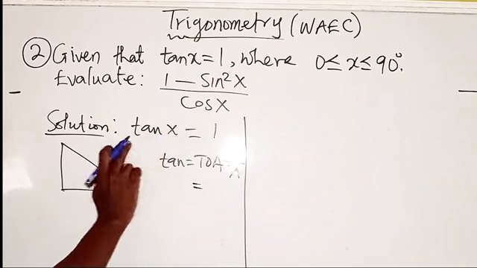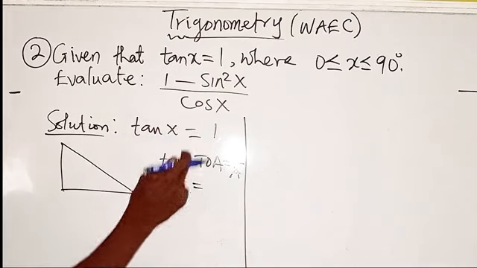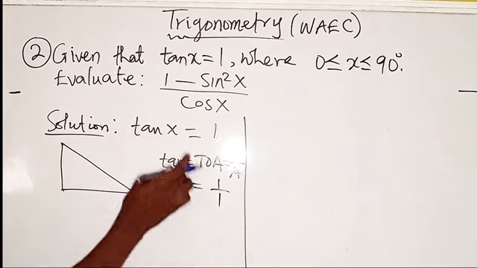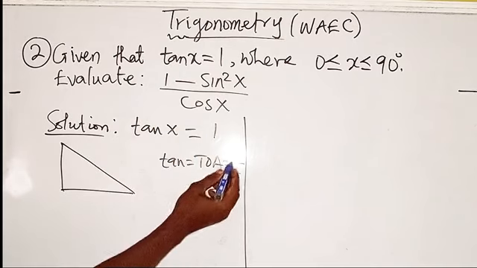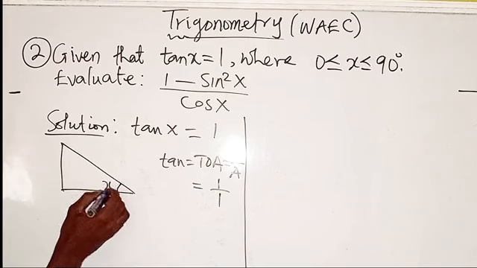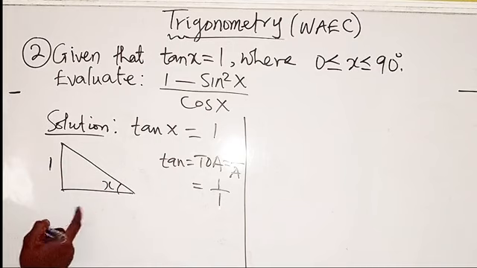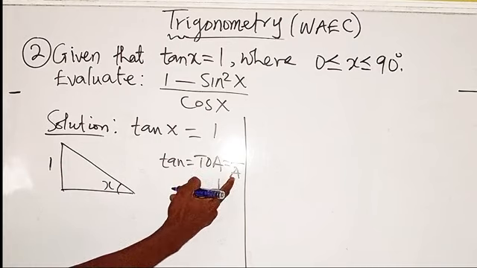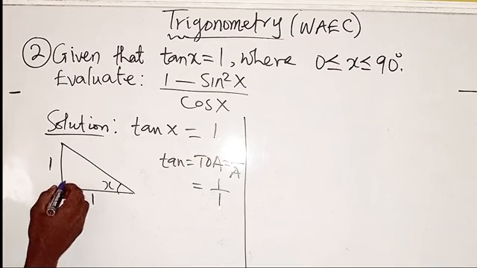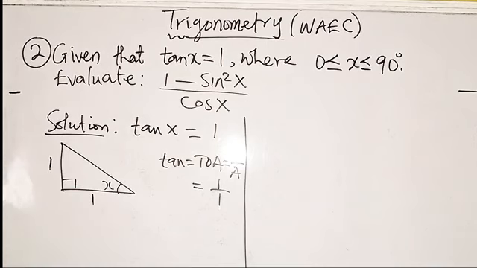Comparing this to what we have, we have 1 here. This one can be written as 1 over 1. So we're still going to have 1. So our opposite, if x is here, the opposite to x will be this place, while the adjacent will be this, because this is angle 90, that is the right angle.